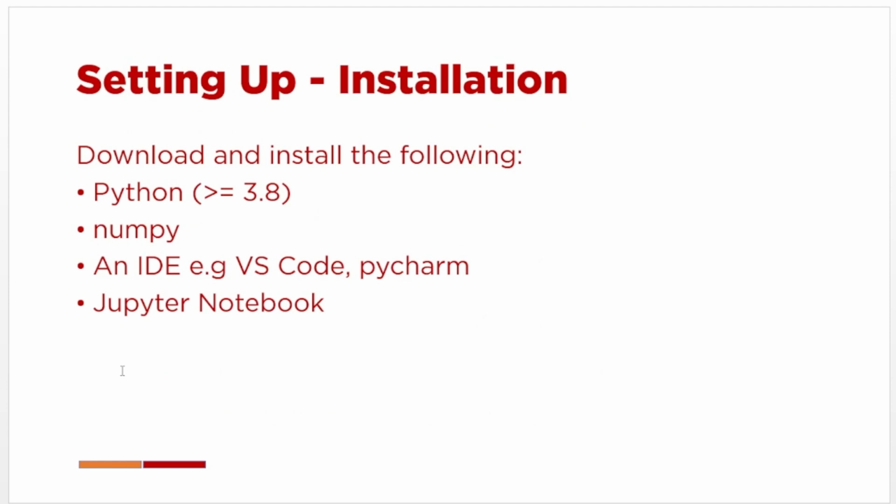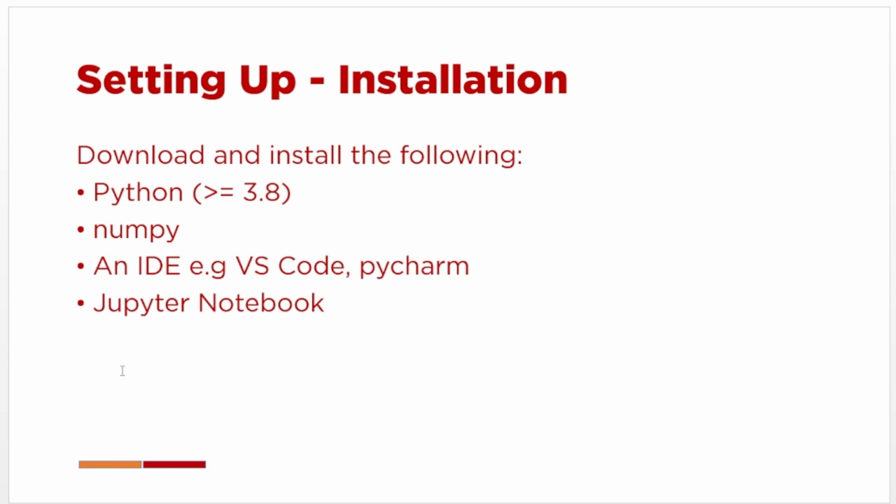So what do you need to be able to start working with Python? You'd have to get these things installed. You'd have to download Python, right? The version of Python that you need to have installed would have to be 3.8 or higher.